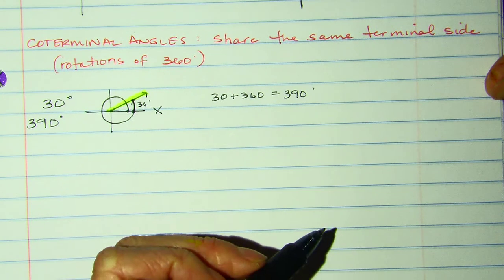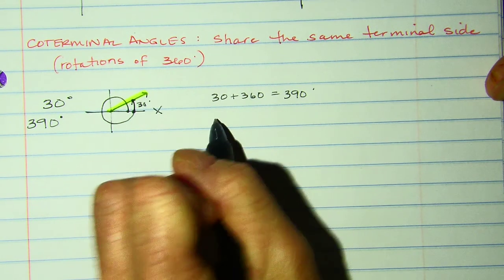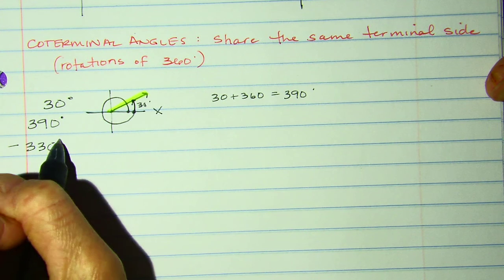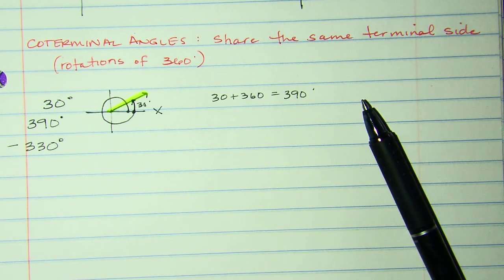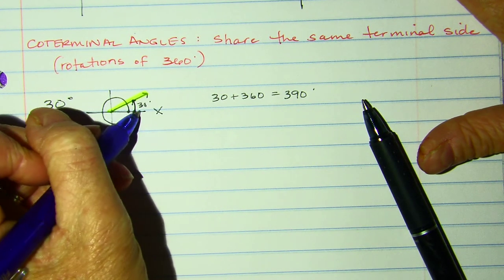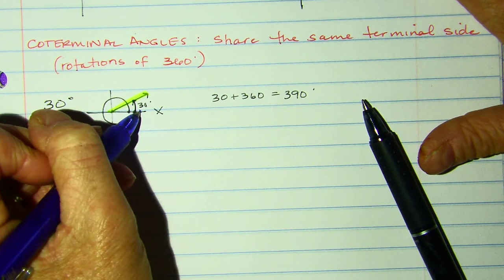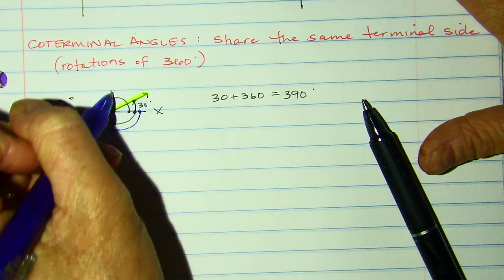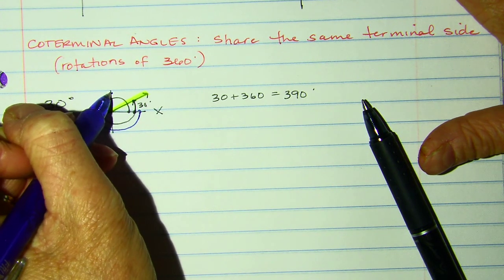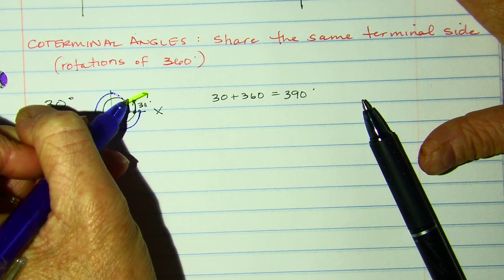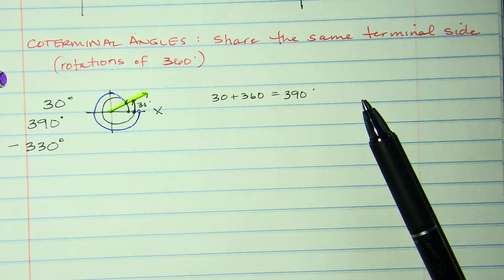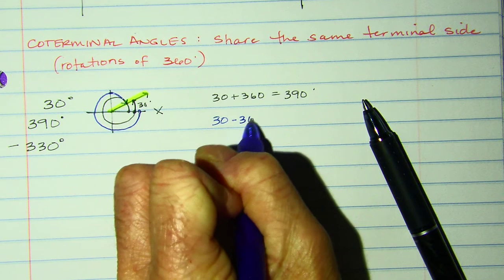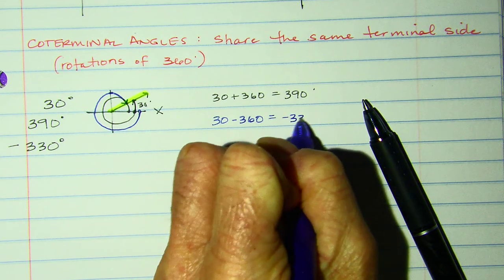Now, the same would be true with 30 and negative 330. So let's go over that. Negative would mean that starting from here, I would go clockwise. So here's 180, 270. And then I would go 60 more degrees, and I would land in the same place because 30 minus 360 is negative 330.